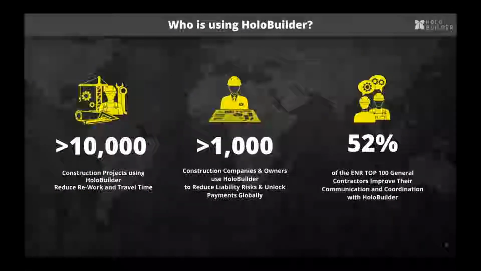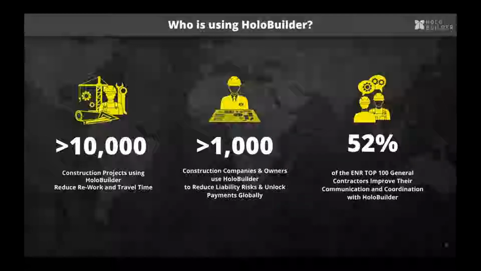Since we have come here in about 2016, Holobuilder is now active on about 10,000 projects, a little bit more than that, and is exposed to about 1,000 construction companies. These are mainly general contractors. We do have many owners on the platform as well as specialty and subcontractors using us today. One number here that I'm very happy about, and that's how we initially started.